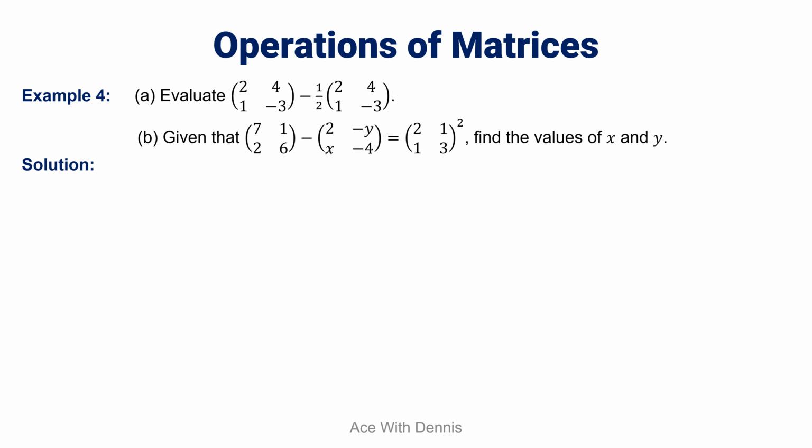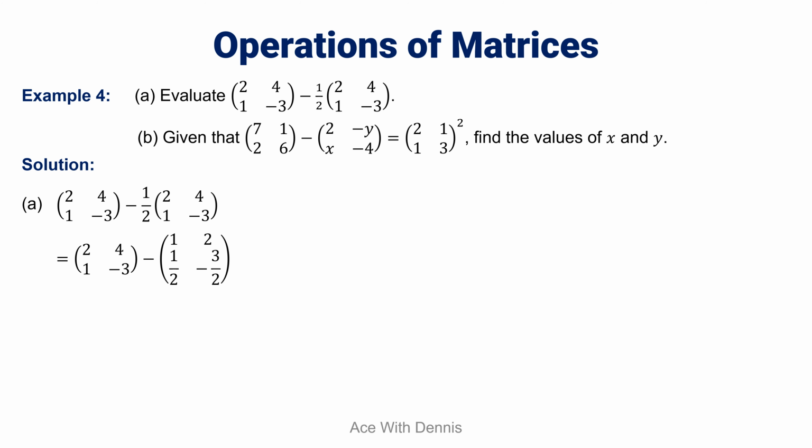Here's the solution. For A, we have to evaluate this expression, matrix [2, 4; 1, -3] minus half matrix [2, 4; 1, -3]. So we will multiply the half into each element of the second matrix. Hence, the expression becomes matrix [2, 4; 1, -3] minus matrix [1, 2; half, -3 over 2].